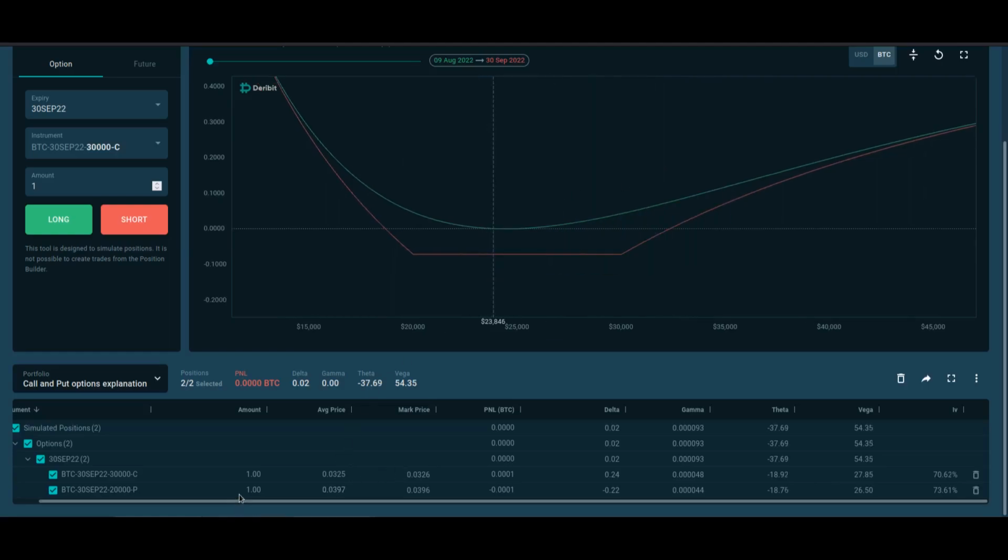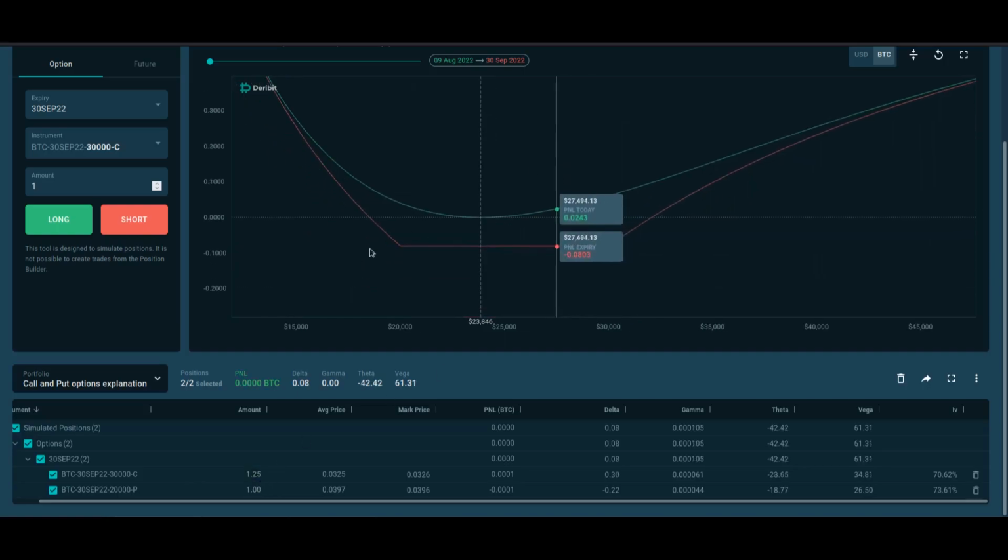So in case we buy the straddle, we have a flat range of losses, and with a forecast of the price growing after some strikes.